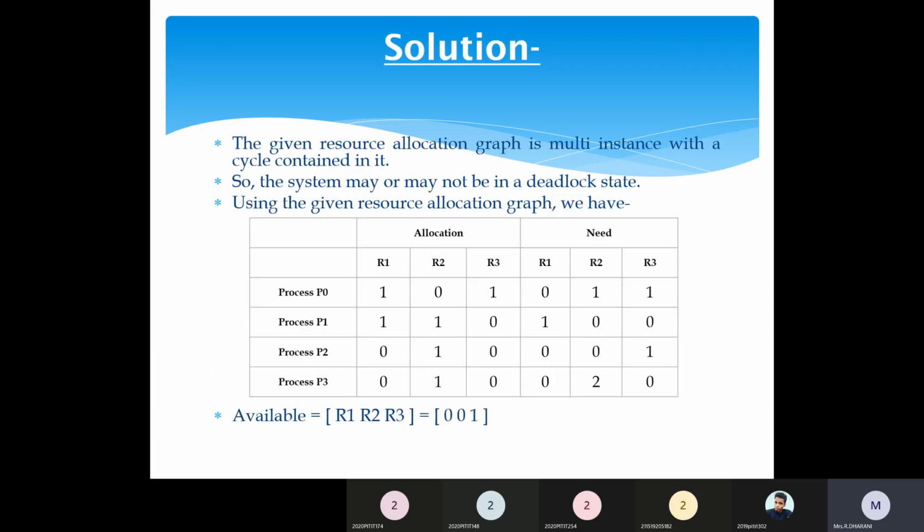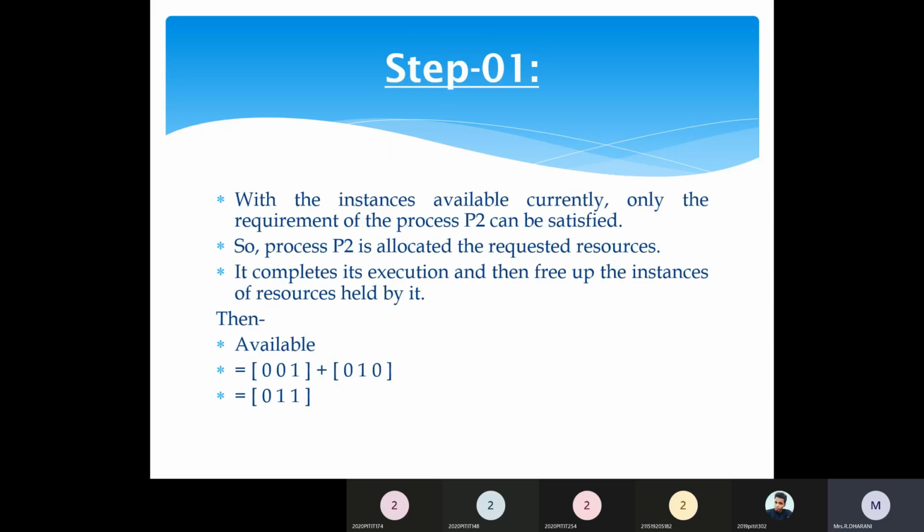Allocated is 0 1 0. The current available is 0 0 1. So with the availability, we allocate the requested resources to P2, and after it finishes, you get 0 1 1. Okay, 0 plus 0 is 0, 0 plus 1 is 1, 1 plus 0 is 1.